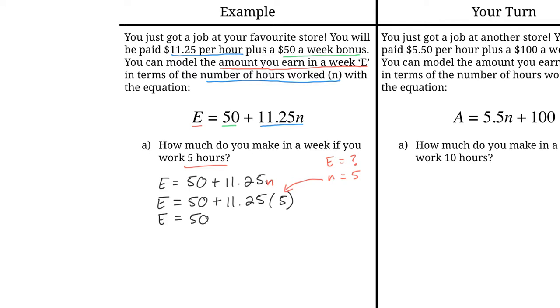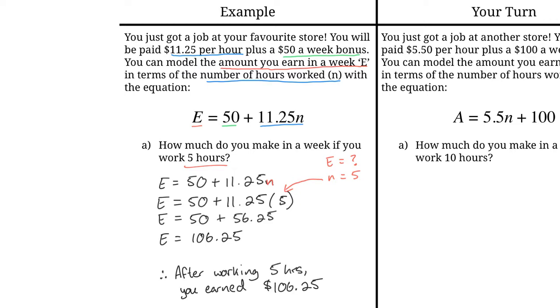And 11.25 multiplied by 5 is just 56.25. Now we can add these. So 50 plus 56.25 is just 106.25. So E is equal to $106.25, which means after working 5 hours, you have earned $106.25 in a week.